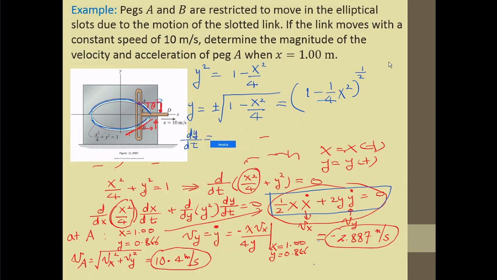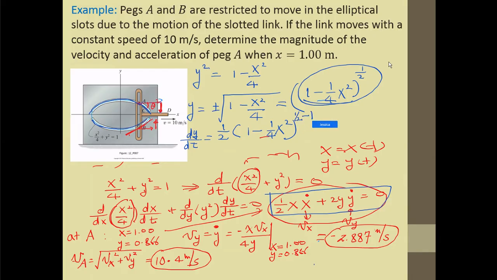First of all, this function itself is a function of x. You take a derivative with respect to x. Again, we use the chain rule. We have parentheses 1 minus 1 over 4 x squared to the power 1 over 2. So we take the derivative: bring down the power, lower the power by 1, 1 over 2 minus 1.